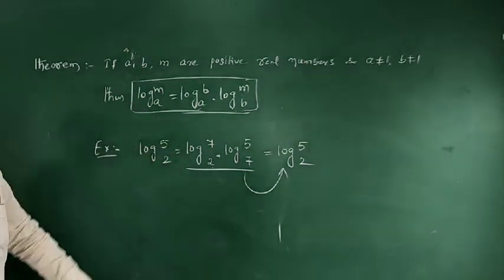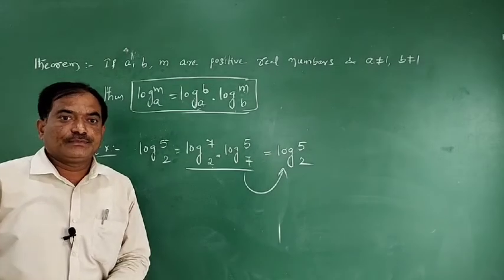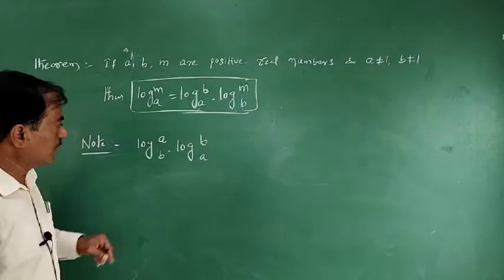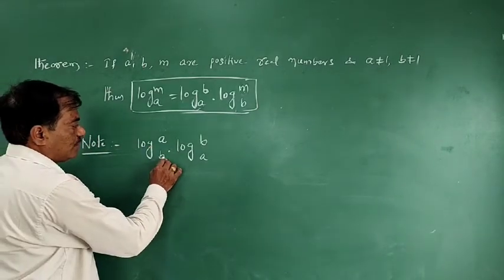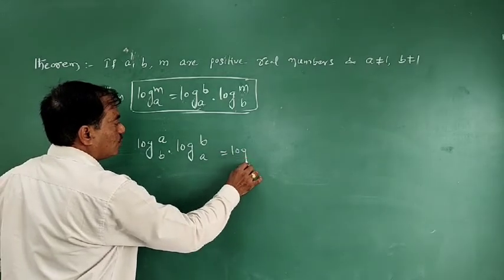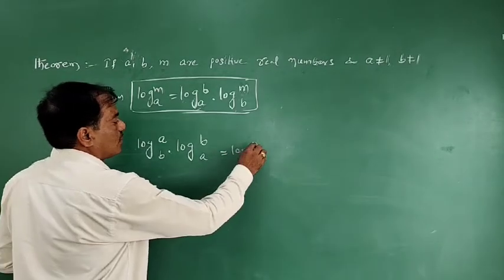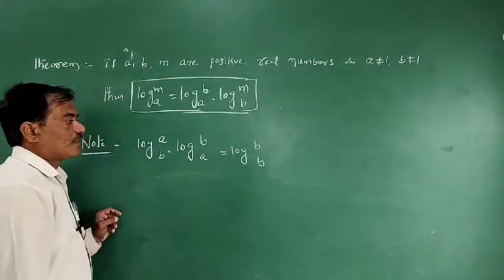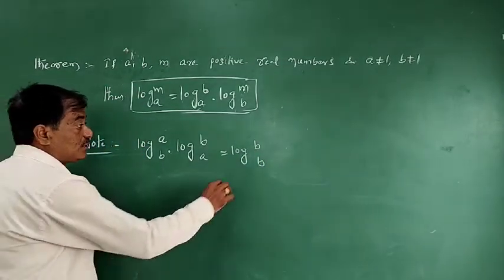Next we have to see one more important property. Log a to the base b into log b to the base a. What is this? By the previous property, this equals log a to the base a, clear? But what is this value?